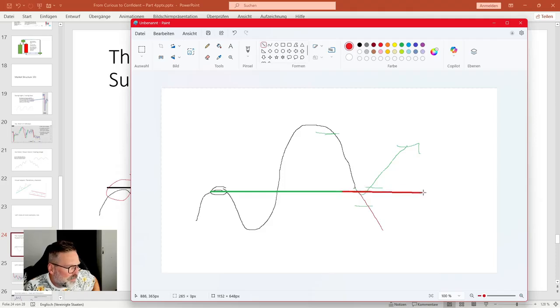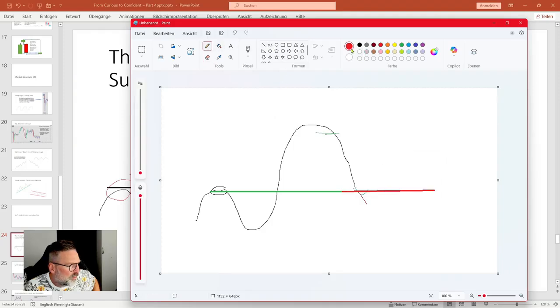What does that mean? We are breaking through here, and then price comes a little bit up, and now old support becomes resistance. From here, we are trading further down.